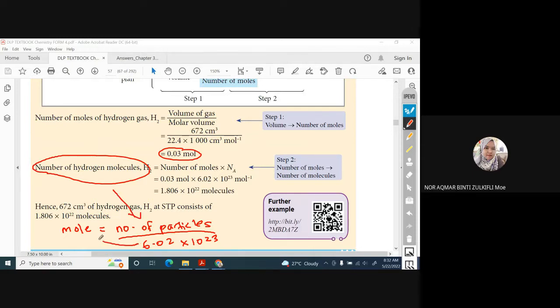So you make it the subject, 6.02 times 10 power 23 goes up here. So it will be equal to mole times 6.02 times 10 power of 23. That's why you times here. The answer is 1.806 times 10 power of 22 molecules.